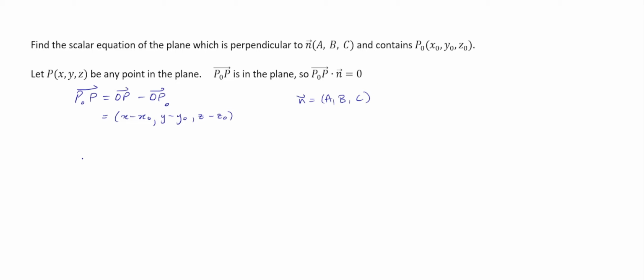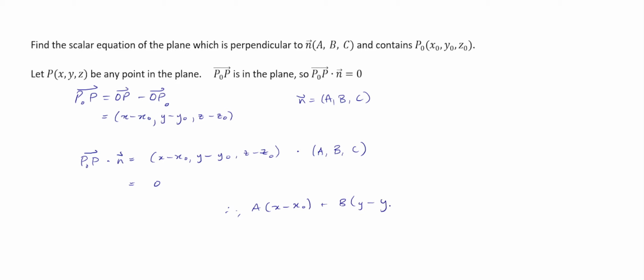So then we have P naught P dot the normal vector is equal to x minus x naught, y minus y naught, and z minus z naught, all dot product with ABC. Okay, so we perform our dot product operation. This is also equal to 0, right? So our dot product operation should say that A(x minus x naught) plus B(y minus y naught) plus C(z minus z naught) is equal to 0.